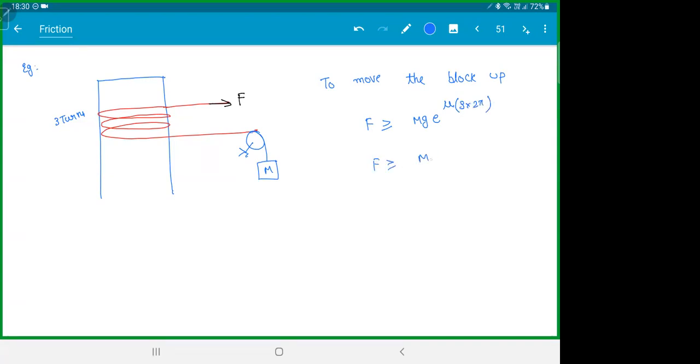You have to apply at least this much force, e^(6μπ). Then the whole rope on this will slip. To move the block down, F should be less than or equal to mg e^(6μπ). The other way around now. But I think this point is clear.